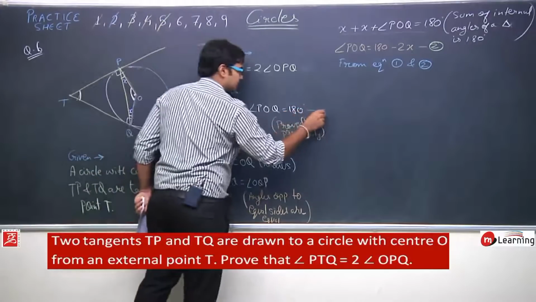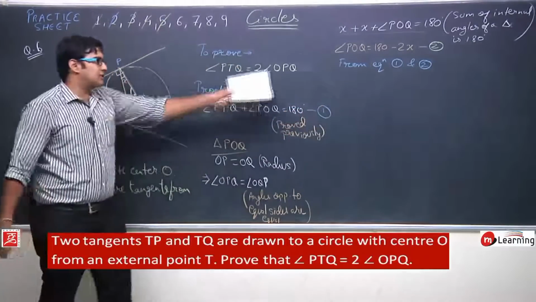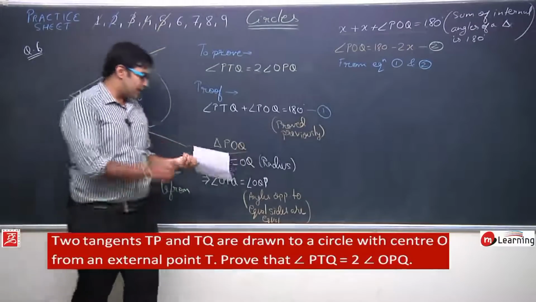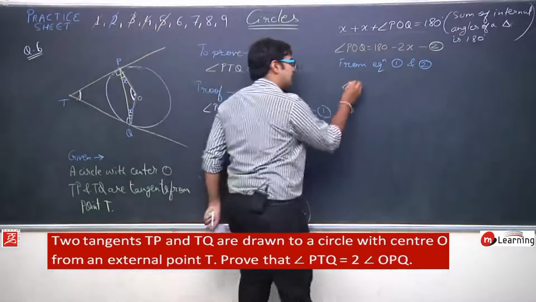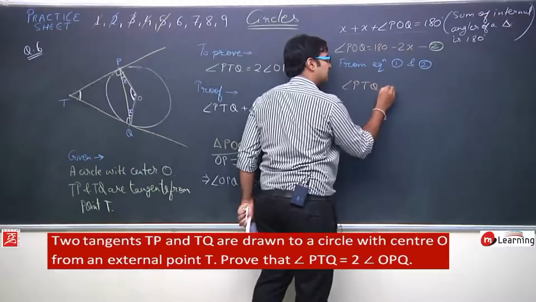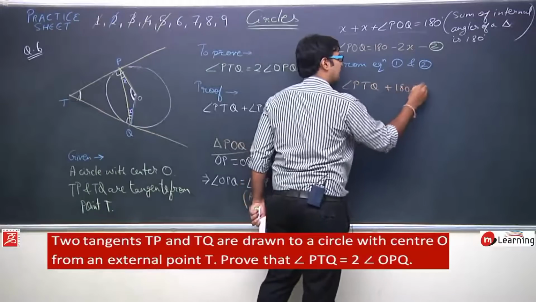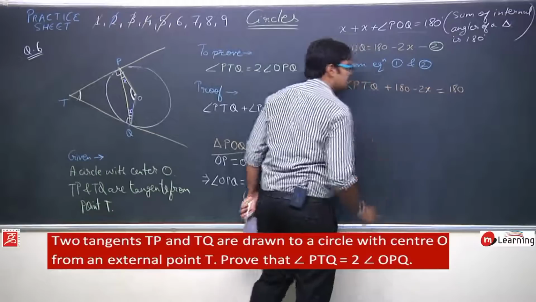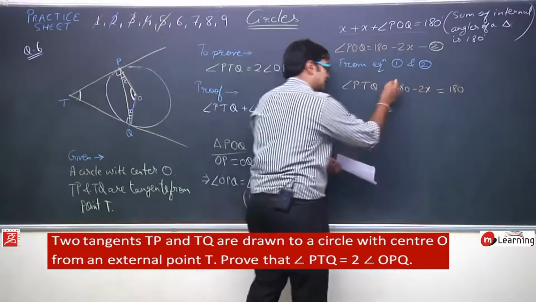This was the first equation. I can substitute angle POQ is equal to 180 minus 2x in this relation. So what will I get? I will get angle PTQ plus 180 minus 2x is equal to 180 degrees. This is the relation that you will get.